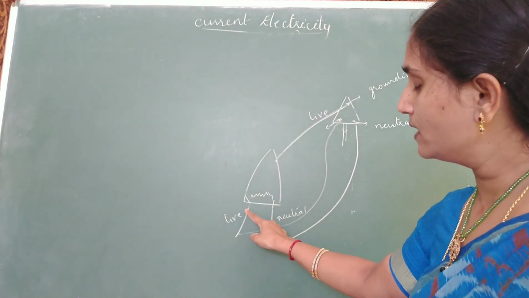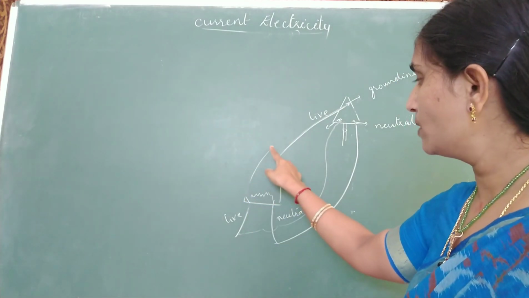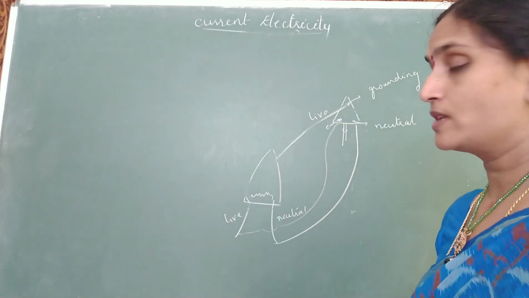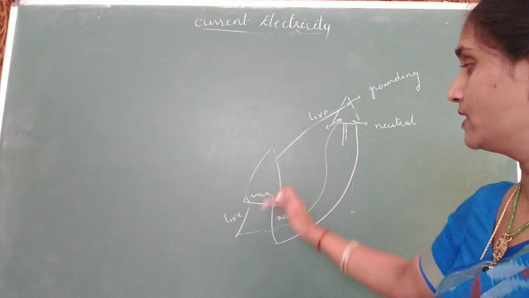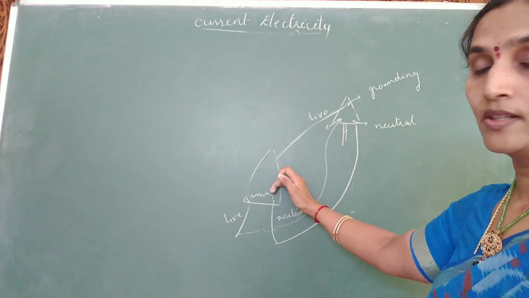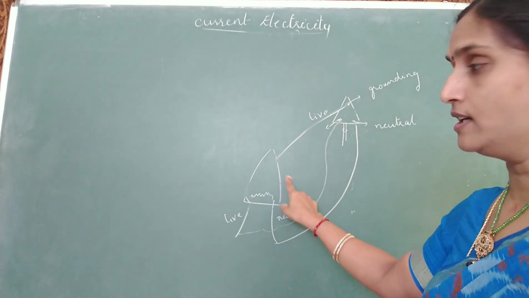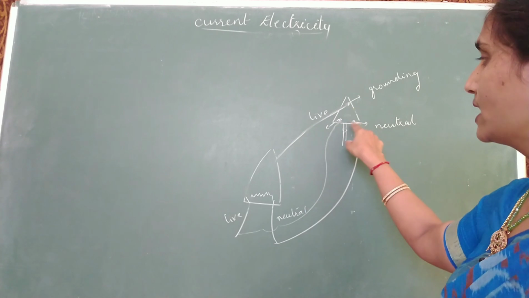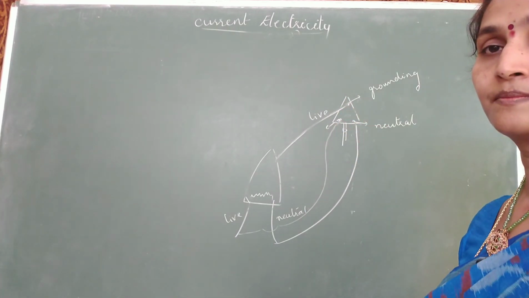Now you see, even if the live wire comes in contact with your metal body, it will pass through the metal surface and then it will be earthed. And even if you touch the body of this particular box, you will not receive a heavy shock. It will be a very, very negligible value. So for avoiding shocks, whichever appliance has a metal body, this earthing or grounding is necessary. That is the reason why we use 3-pin plugs for heavy appliances.